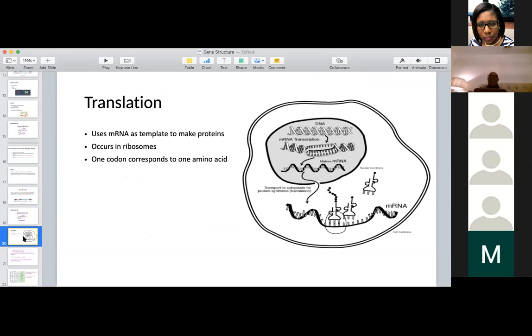Okay, so again, what's happening during translation? During translation, we are using the mRNA template to now finally make that protein product. Okay, we said translation occurs on ribosomes.